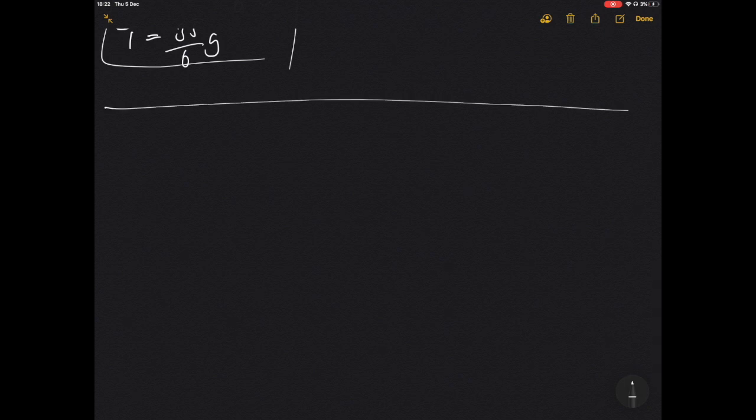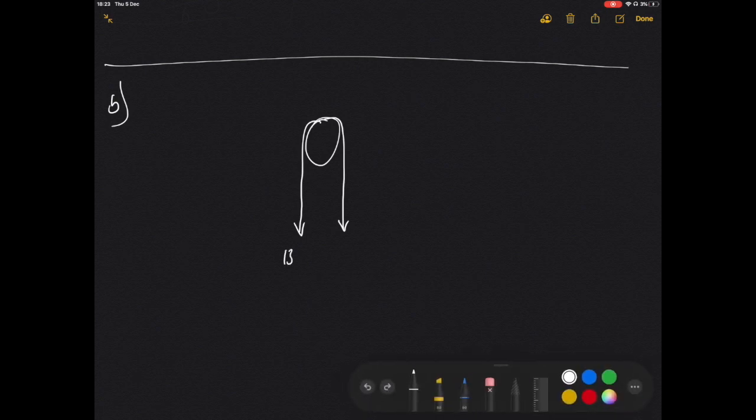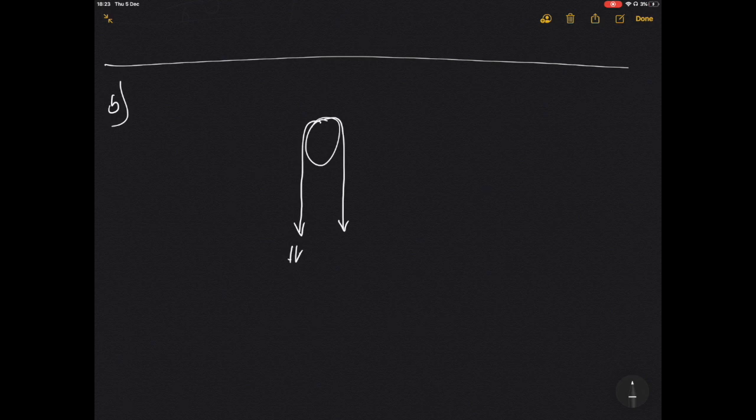Okay, so I'll do a slightly more difficult example now. Actually, I think this is one of the most difficult examples we do in the whole course. Again, this is question B in the book. It says two particles of masses 1 kilogram and 3 kilograms are placed over a pulley on a light inextensible string. So that's 1 kilogram and this is 3 kilograms, and they're placed 2 meters above the ground.